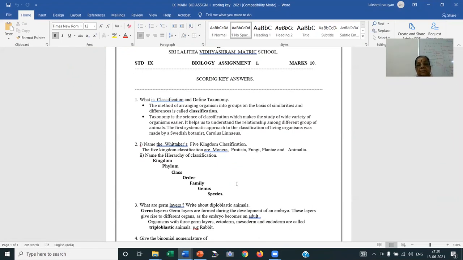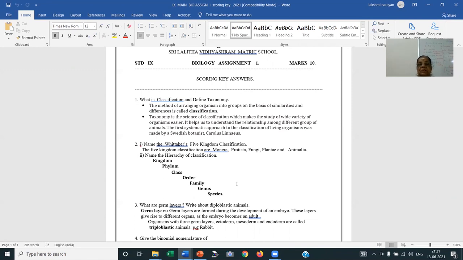The method of arranging organisms into groups on the basis of similarities and differences is called classification. Taxonomy is the science of classification, which makes the study of a wide variety of organisms easier.